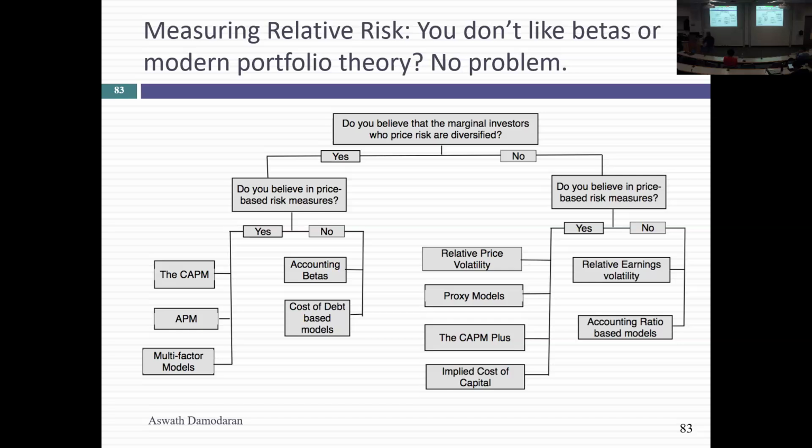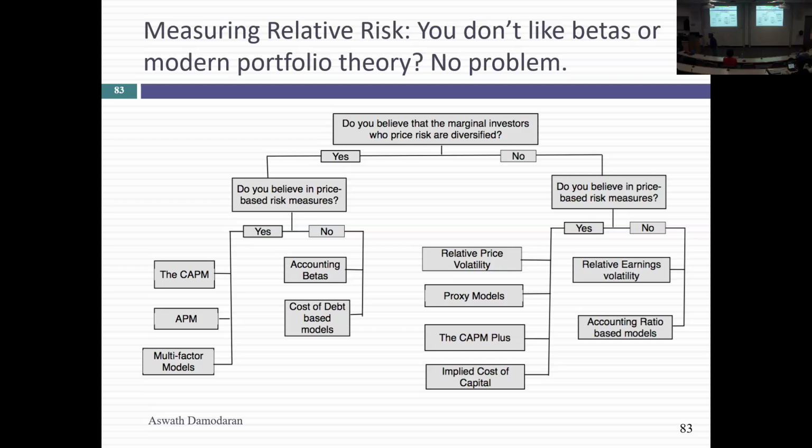We don't use it when we do betas because only the portion of the standard deviation you cannot diversify goes into betas. But if you say I want to look at total risk, I can do that. I can take the standard deviation in your stock and divide by the average for the market. I'll get a number that looks like a beta. Let's call it relative standard deviation. But now you're not making the diversified investor assumption.